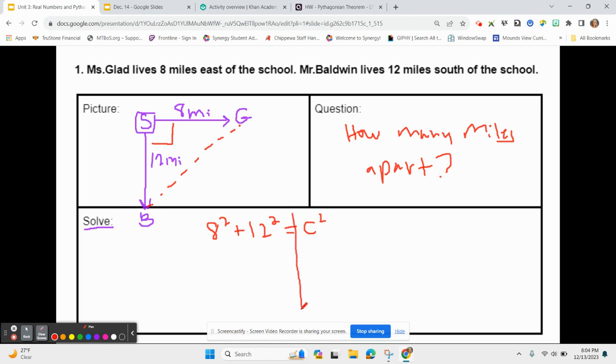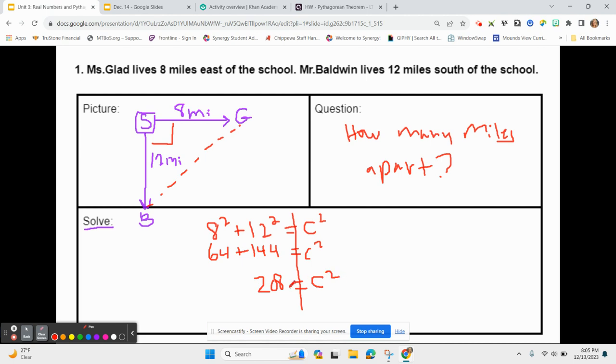So let's put our line in and solve. 64 plus 144 is equal to my c squared. So as I go through, I notice that I'm going to add these up. 64 plus 144, I'm going to get an 8 here. And I believe I get 208. So c squared is 208.